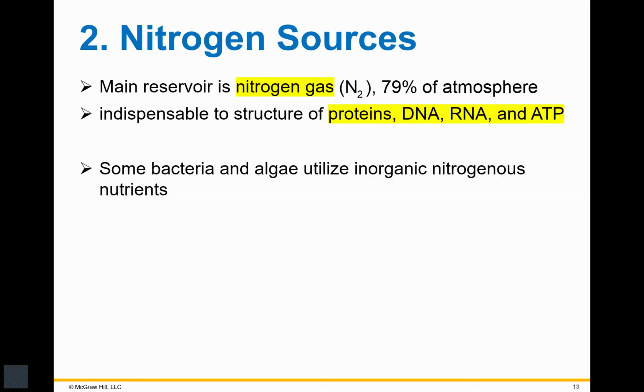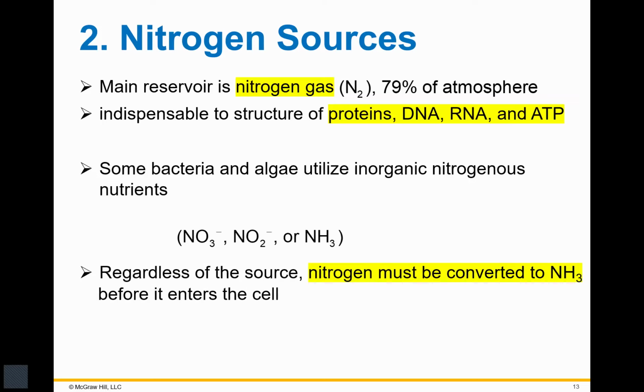So, for example, some bacterial species are able to fix nitrogen and process it into a more usable ammonia form. So nitrogen must be converted to ammonia before it can enter the cell, and through the process of nitrogen fixation, these nutrients can be more accessible to microbes.